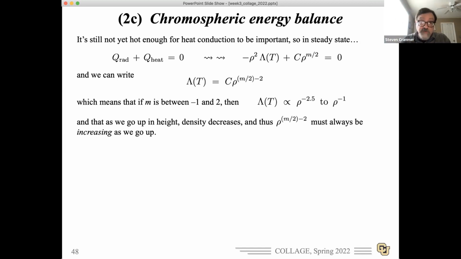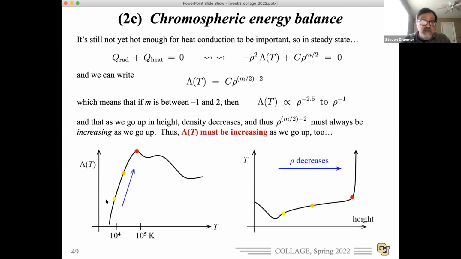And what we know for the chromosphere is that, at least for the temperatures that exist there, this lambda of T is also an increasing function of T.